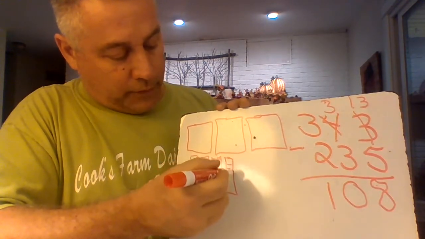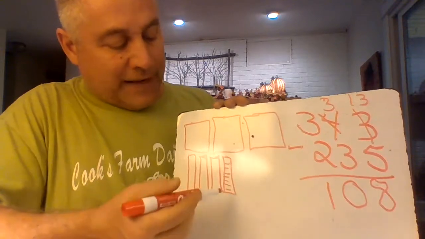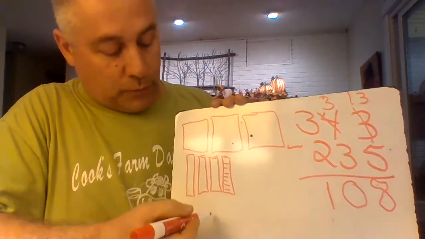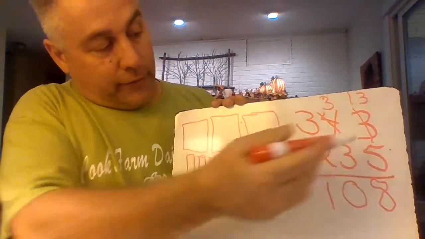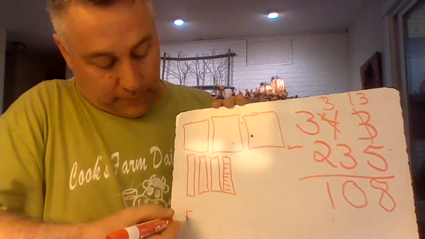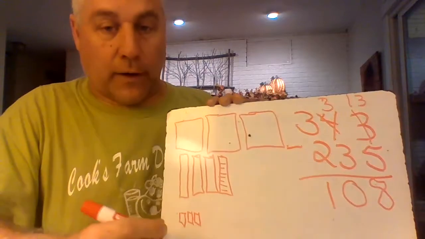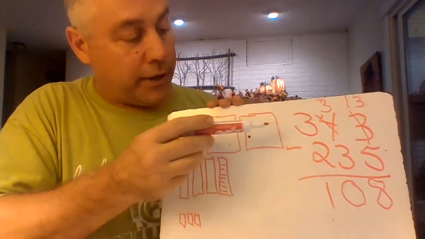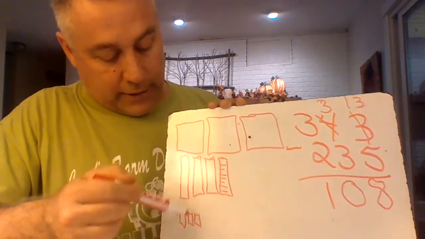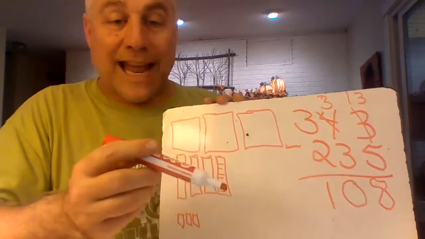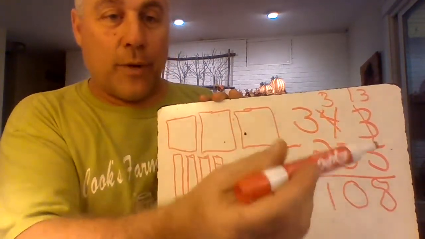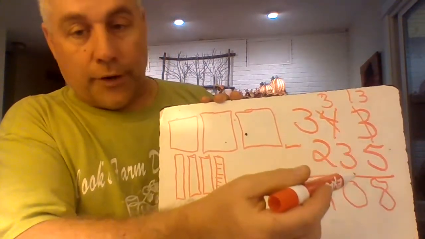Now remember, those are 10s because they're made up of 10 of the individual small blocks, which I have 3 of in this case. All right, so there's my number, 343. Now, I'm going to have to take away from this 235.